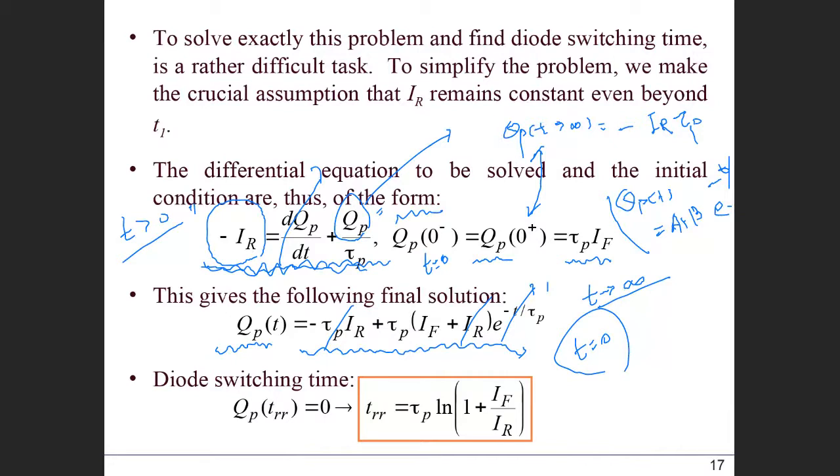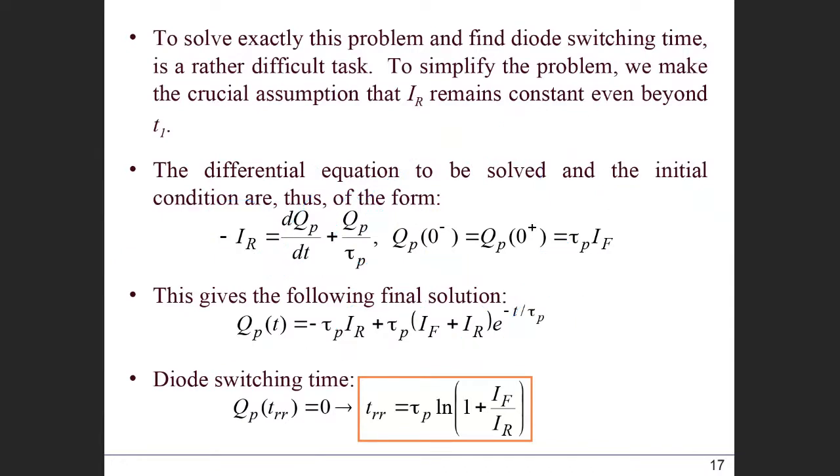That is the first boundary condition, so that is correct. Second, when t goes to infinity, this term goes to 0, so our solution is negative tau P IR. Again, that satisfies our boundary condition, so we can conclude this solution is correct.